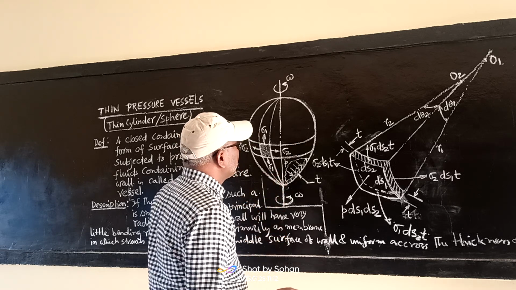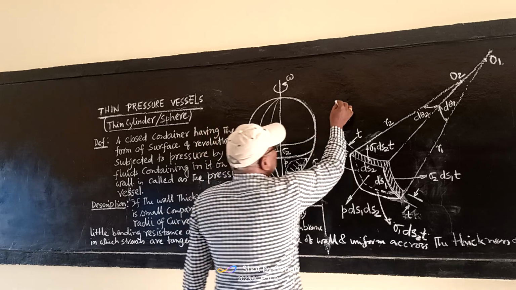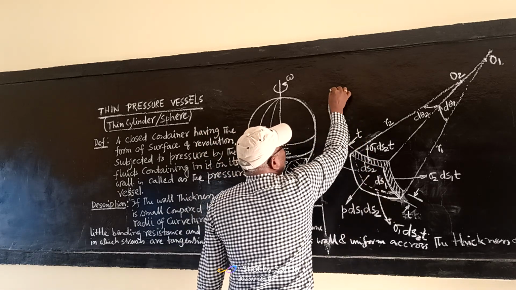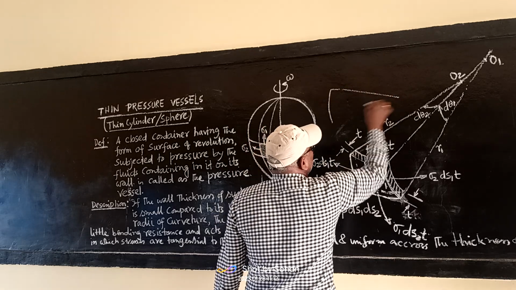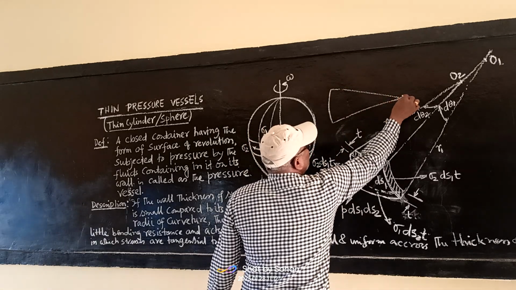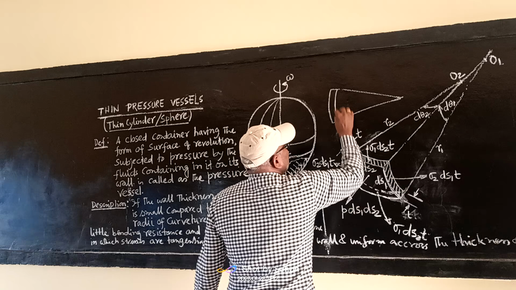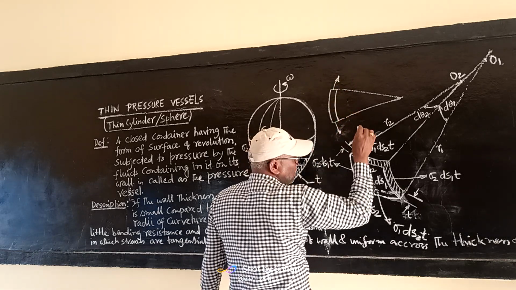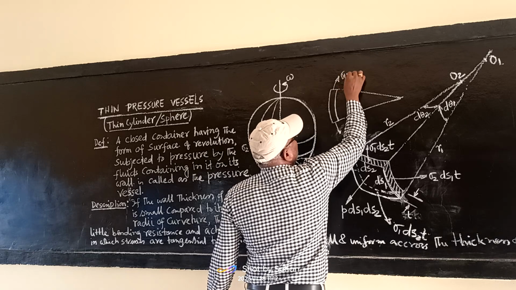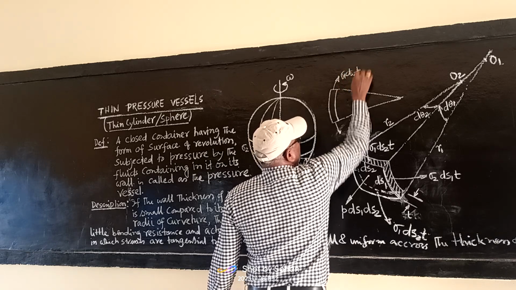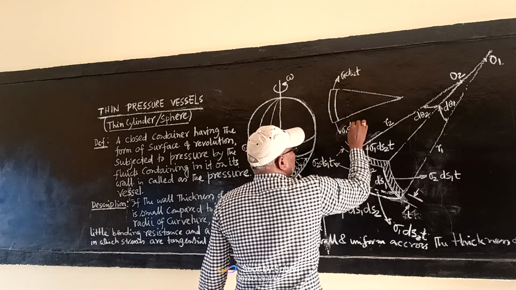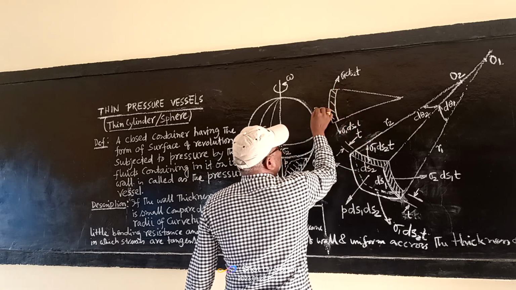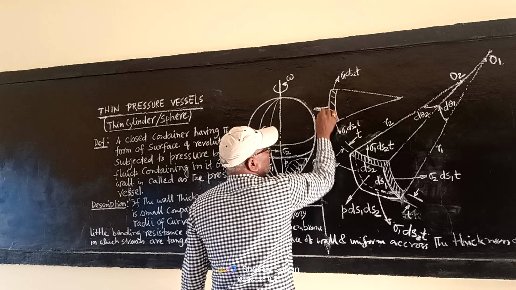If we take one side, there is the longitudinal dimension like this, and it is subjected to stress resultant sigma 1 ds2 t, and here sigma 1 ds2 t, and pressure force will act outside.